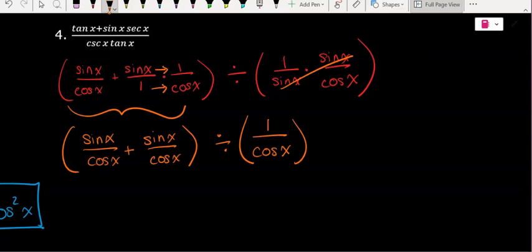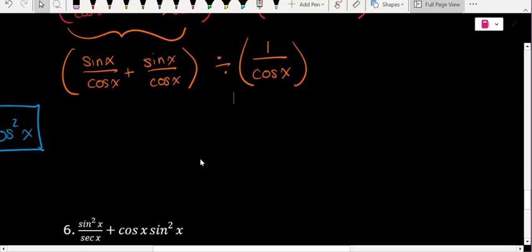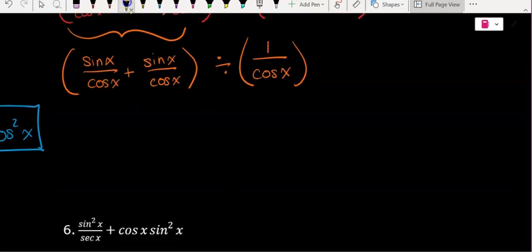Now let's look at what we can do with this left side. So I have sine over cosine plus sine over cosine. Remember, anytime you have fractions and you're adding or subtracting, you have to have a common denominator. Here, I do have a common denominator, so I'm going to add those together.